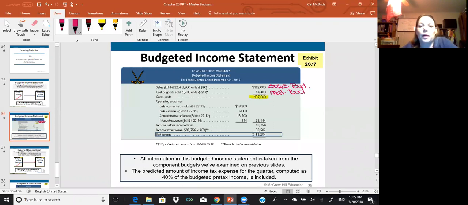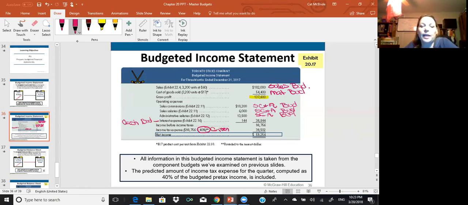This comes from our SG&A budget. This comes from our SG&A budget. This comes from our SG&A budget. Interest expense comes from our cash budget. We were given the rate of our income tax at 40%.